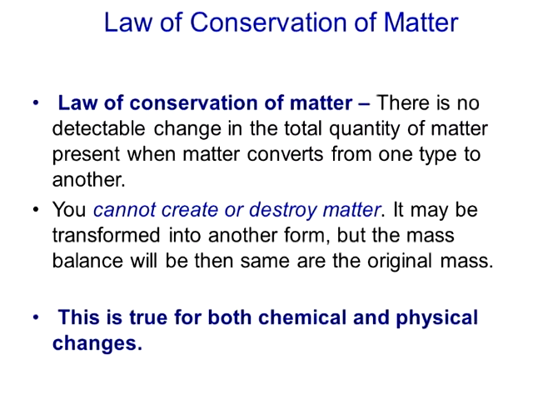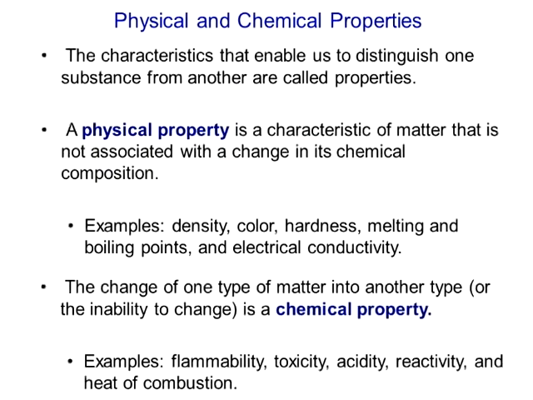Now, we noted that you cannot create nor destroy matter, and that this holds for a physical or chemical change. So what is a physical and chemical property? Let's talk about it. A physical or chemical property involves the characteristics that enable us to distinguish one substance from another.